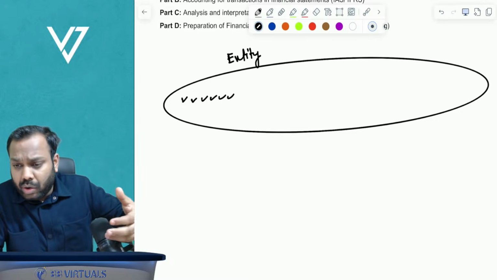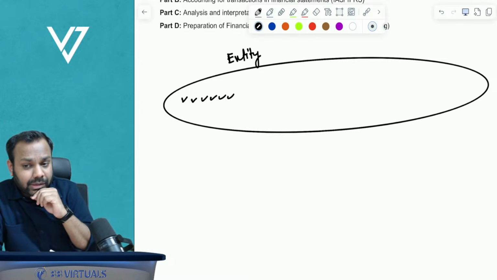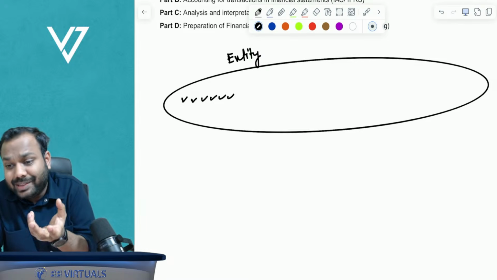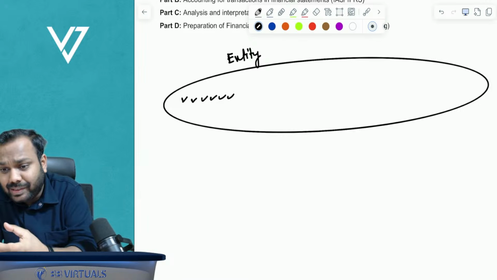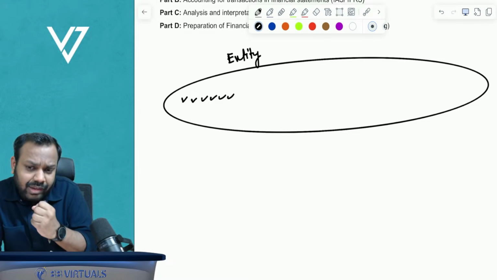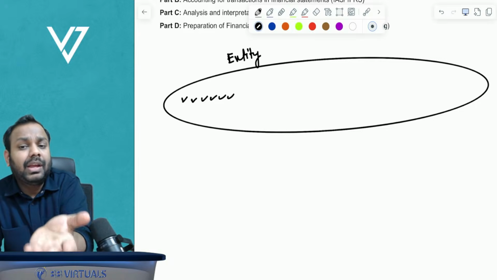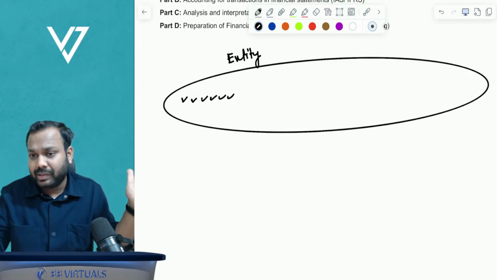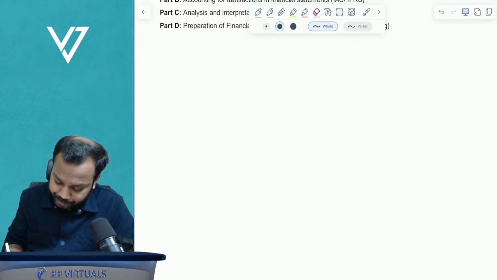Acquiring an asset on lease, selling goods or services, rendering services, purchasing assets, giving rent, paying salaries, incurring any other expenditure, receiving interest, paying interest, receiving dividends, paying dividends, taking loan, repaying loan, issuing equity shares. Multiple transactions, right?